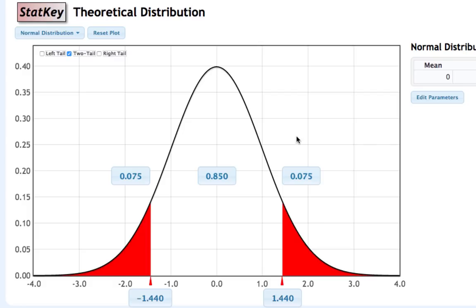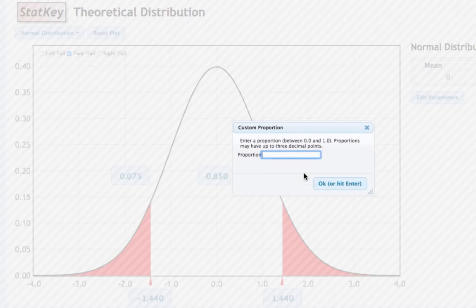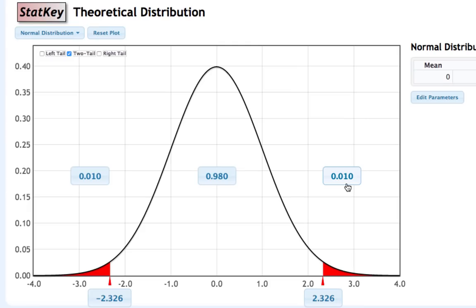It's also possible to change the proportions on the outside. Maybe we want 1% on the left and 1% on the right. StatKey automatically then changes the number in the middle to 0.980, and it gives us the z multipliers that we would use for a 98% confidence interval.